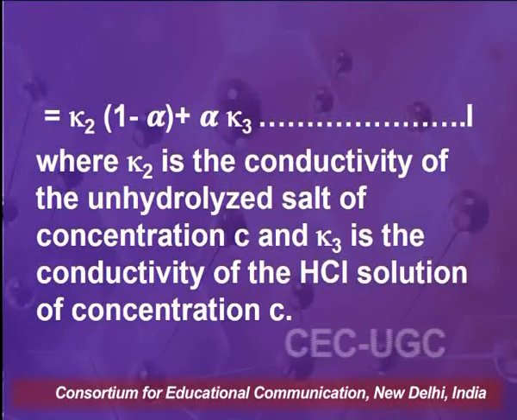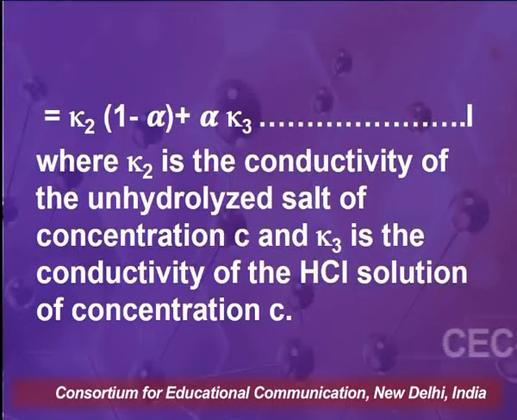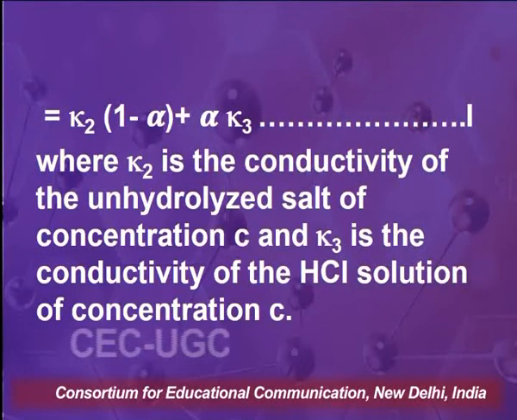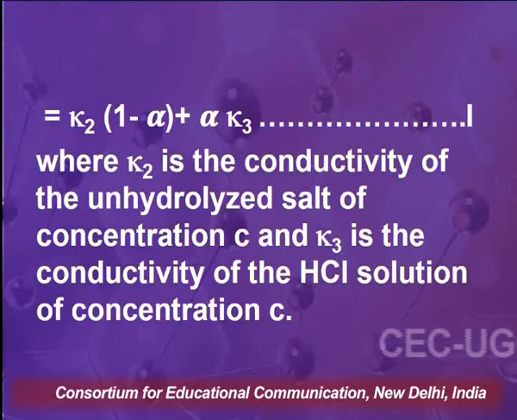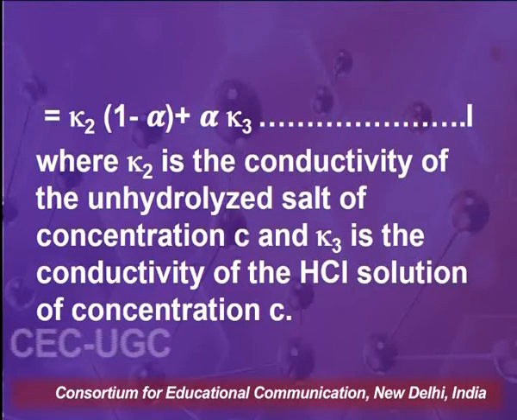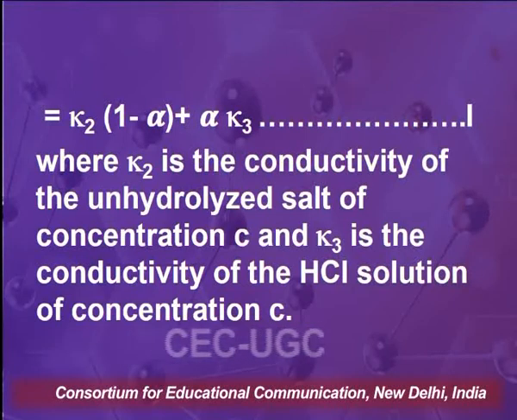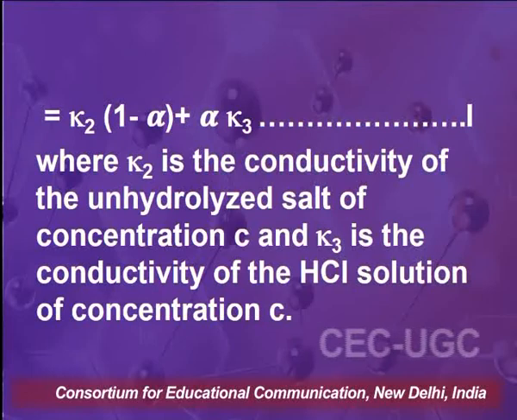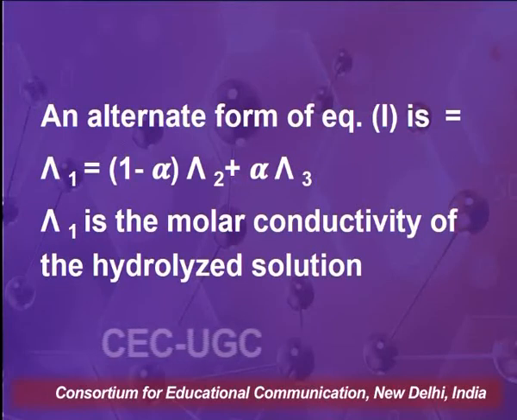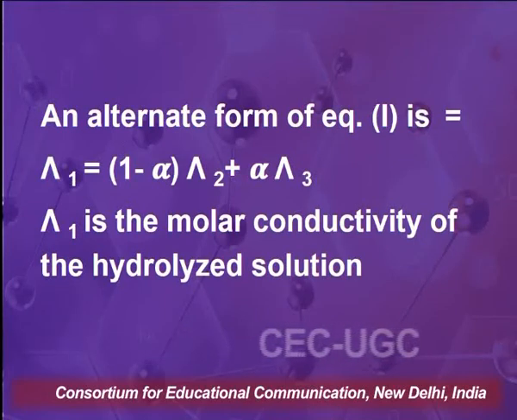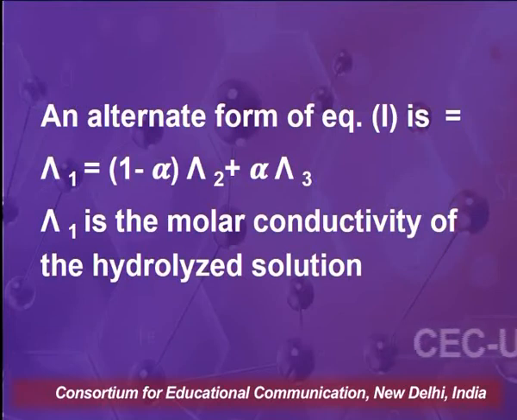So, kappa 1 is equal to kappa 2 into 1 minus alpha plus alpha into kappa 3, where kappa 2 is the conductivity of the unhydrolyzed salt of concentration C, and kappa 3 is the conductivity of the HCl solution of concentration C. Alternate form of equation 1 can be lambda 1 is equal to 1 minus alpha lambda 2 plus alpha into lambda 3.